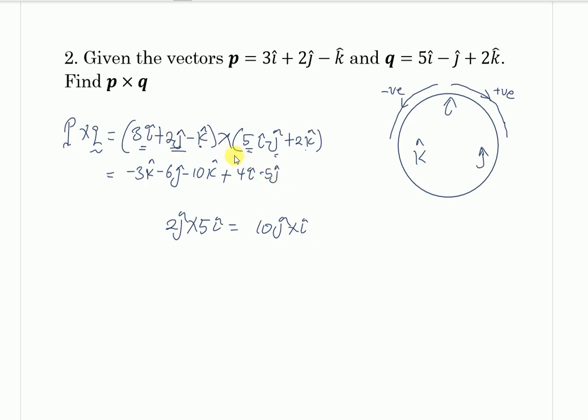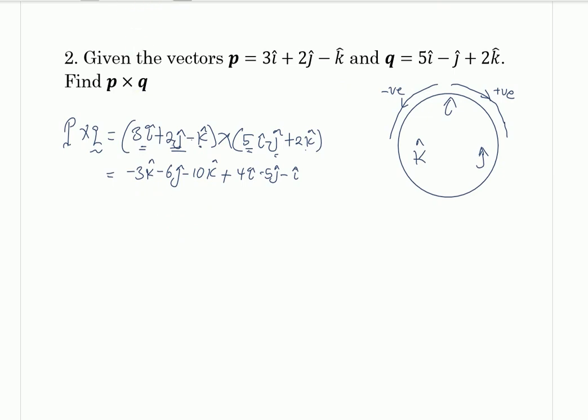Then we have negative k and negative j. K cross j is negative i, so with the two negatives the result is negative i.